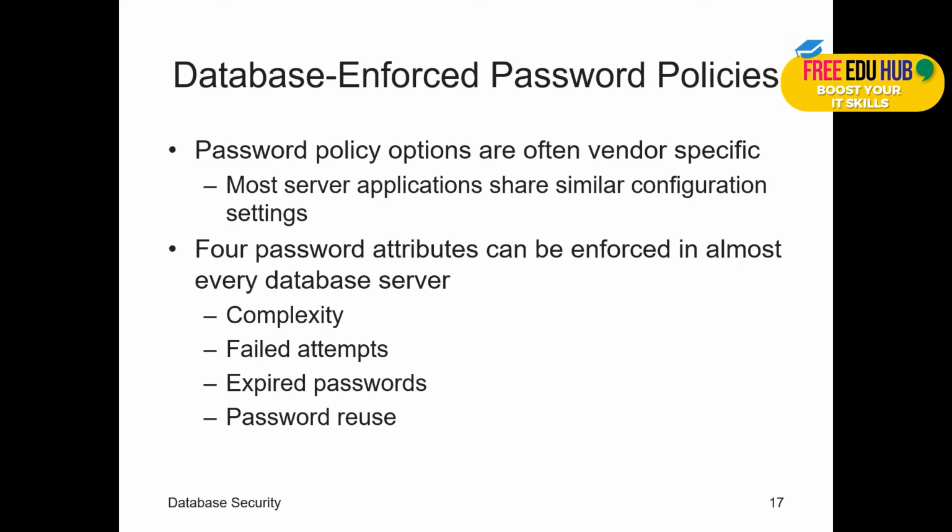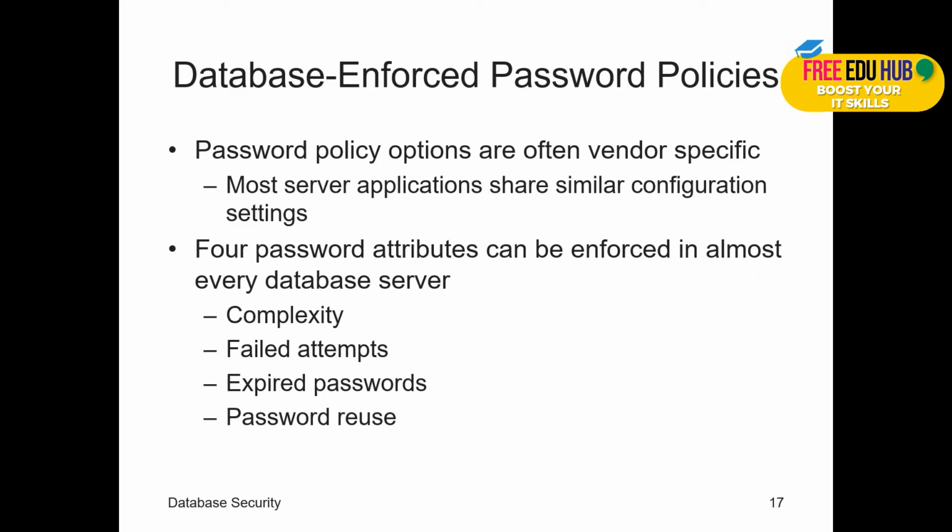Now, complexity is, as we discussed, alphanumeric passwords, where you can have different characters, special characters, symbols, and stuff. Failed attempts means it would lock out your account if you have 3 unsuccessful attempts, for example.